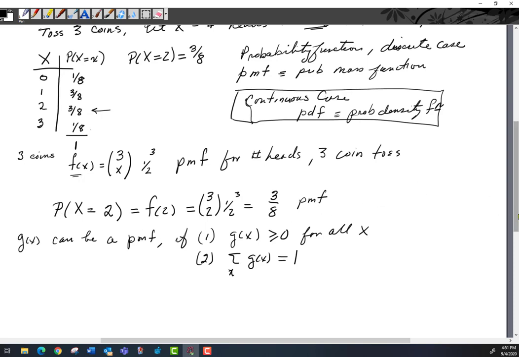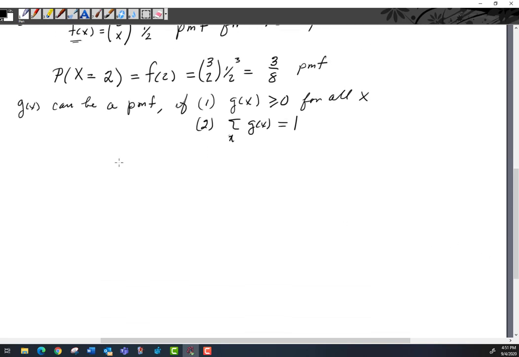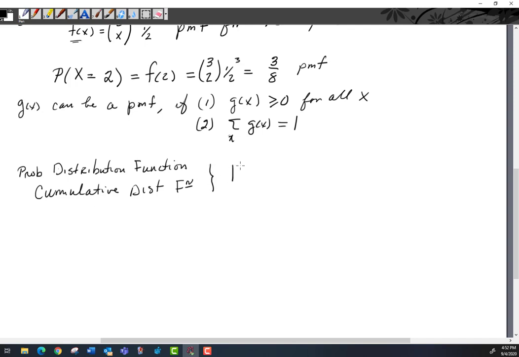Now, besides the probability mass function, we have a probability distribution function, sometimes called the cumulative distribution function, and it is designated capital F of x, and it's equal to sigma.